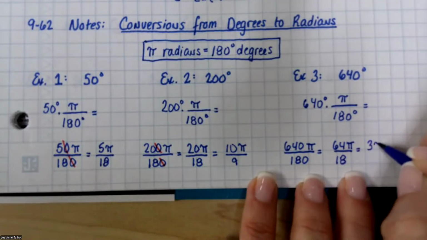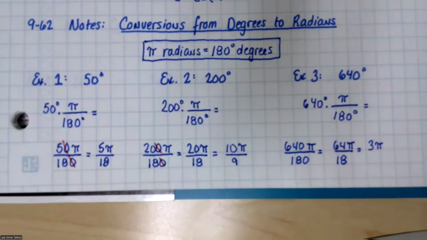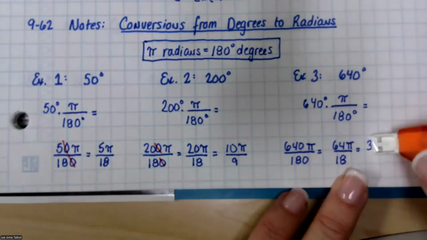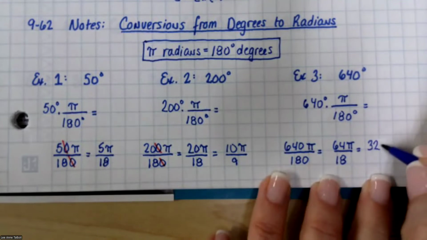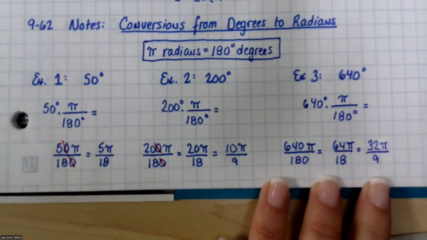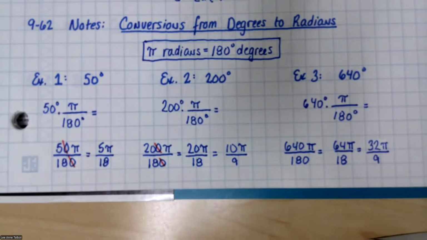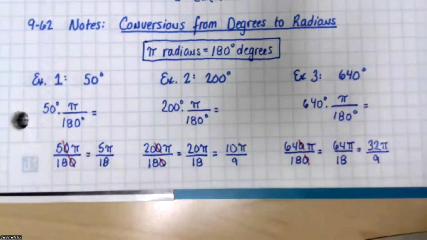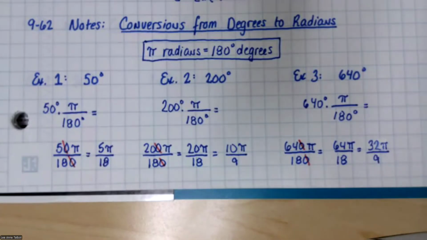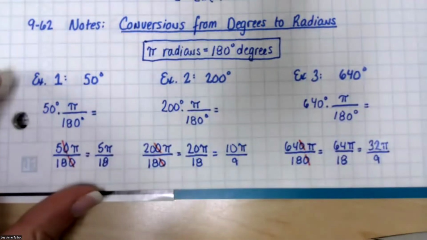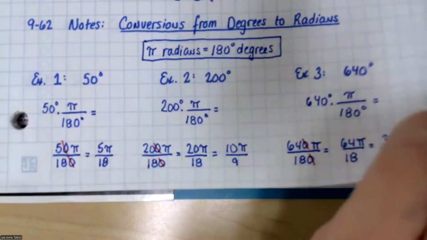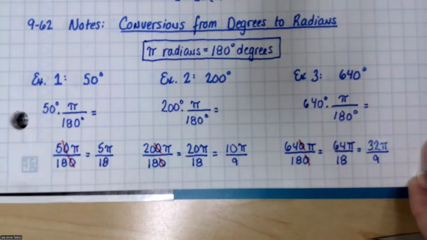Divide by 2, 32. Whoa, I forgot the 2. Just disappeared. 32 pi over 9. Are there any questions about this? Okay, so now we're going to go backwards. It's fine. It's not bad. It's fine. Yes. Uh-huh.